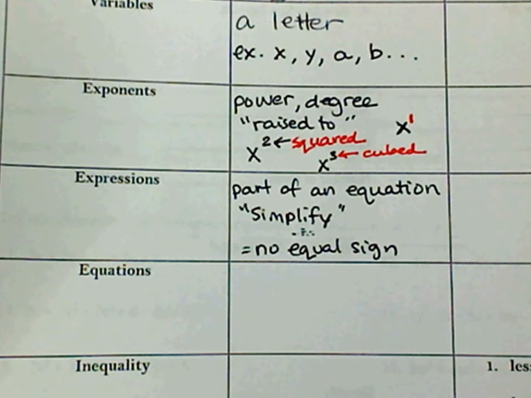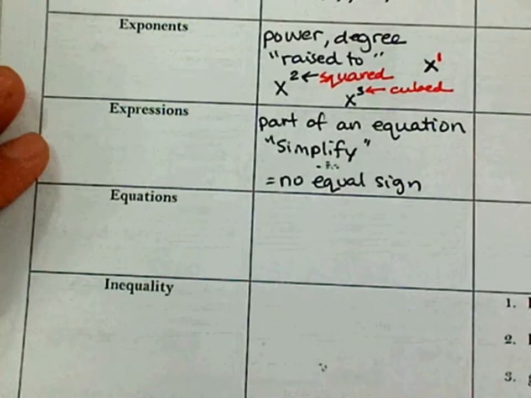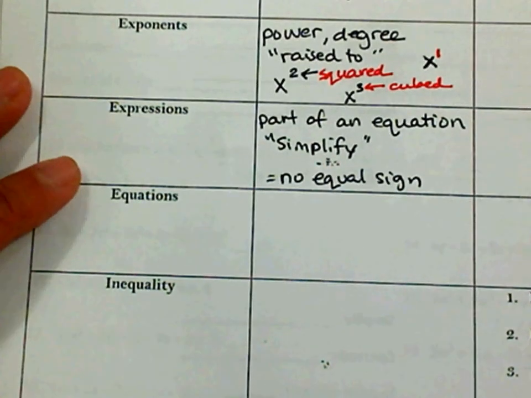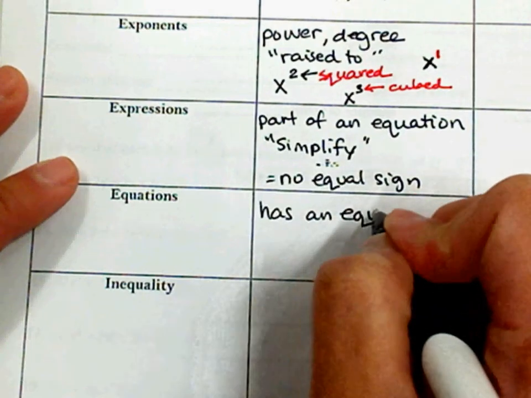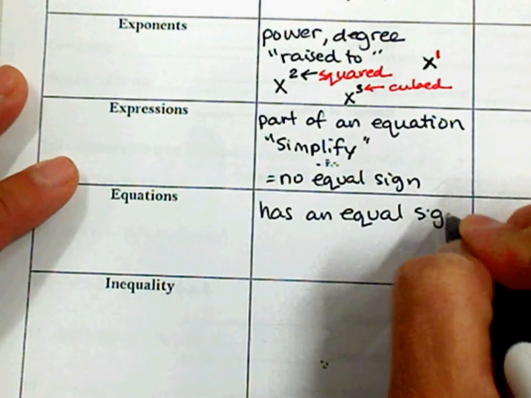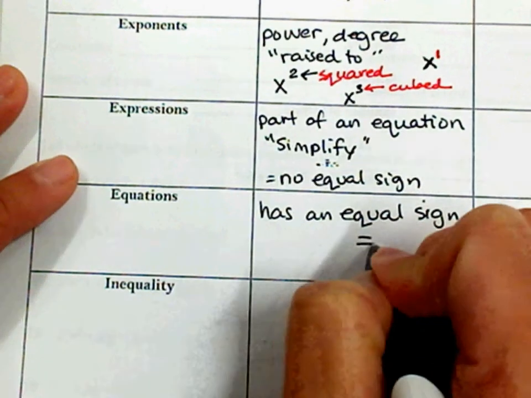You notice I just kind of stress these words to you? So you should know these words, so later on when I use it, you'll go, oh, I know what she's talking about. I said constant, you go, oh, just numbers. Equation. Equation has what? An equal sign, okay?